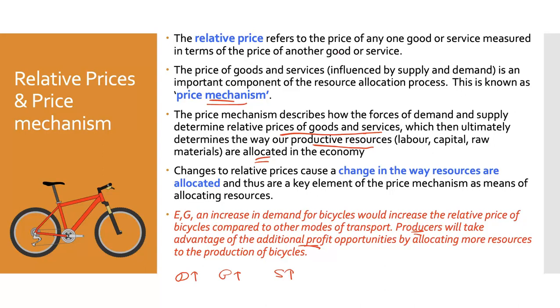So by the demand for bicycles going up, increasing the profit, increasing the price, there will be an allocation of more resources to the production of bicycles. We'll be allocating more land or natural resources, more labour, and more capital resources in our economy to produce bicycles, potentially at the expense of other products.